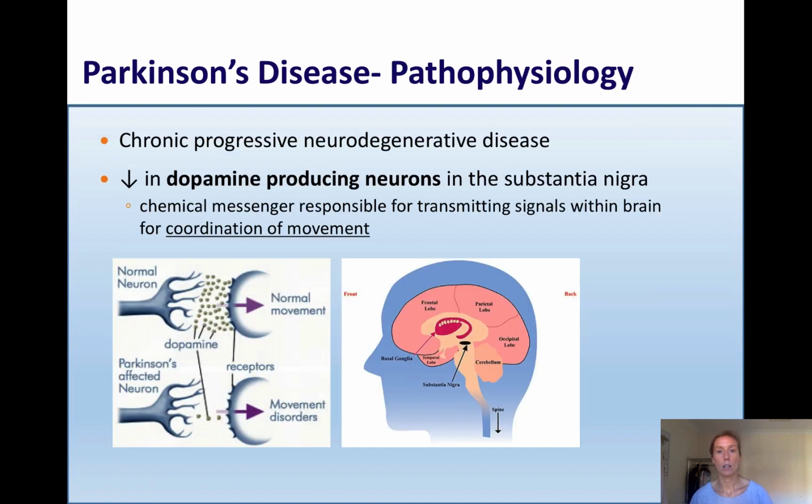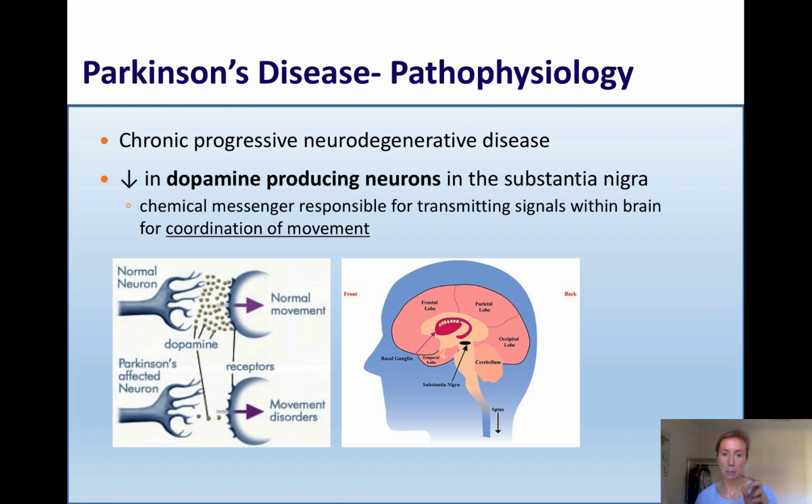So in terms of pathophysiology, ultimately Parkinson's disease is a chronic, progressive, neurodegenerative disease. Now, in simple terms, what's happening is our dopamine-producing neurons are lowered. So we've got a reduced amount of dopamine-producing neurons in what we call the substantia nigra.